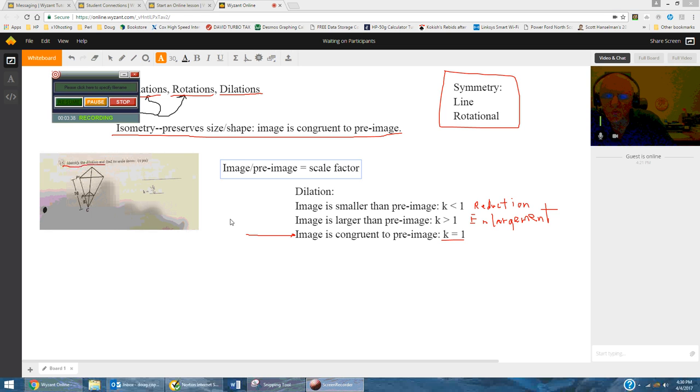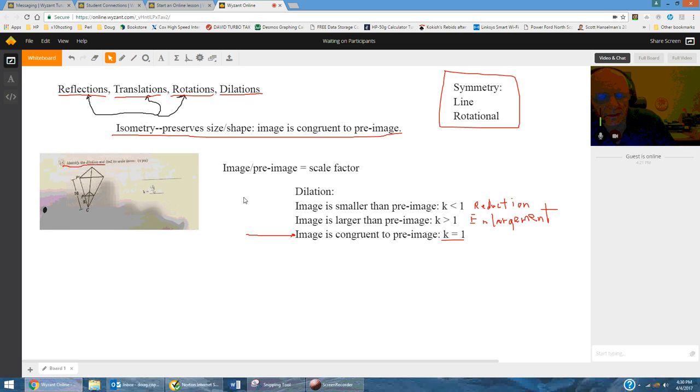Okay, I just wanted to type this in instead of trying to write it with my mouse. For a dilation, if you want to figure out the scale factor, you take the size of one of the image segments and divide it by the pre-image, and you've got the scale factor. In other words, it gives you the number that you have to multiply the pre-image by to get the size of the image.